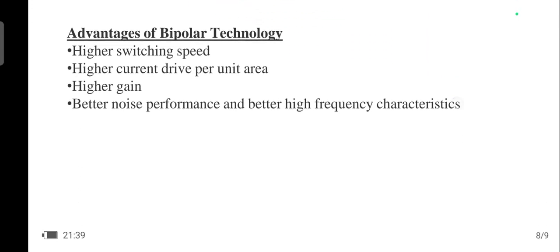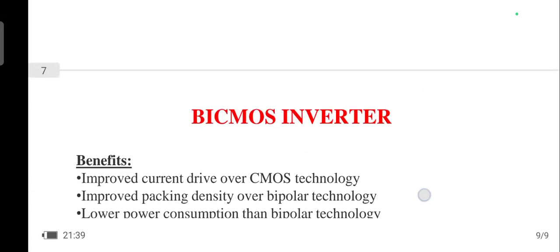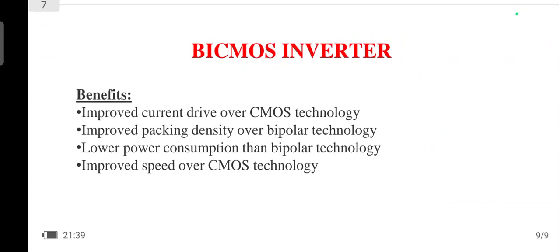Now coming to the combination of these two advantages, the BiCMOS inverter provides improved benefits over the other technologies. That means we can have improved current drive over CMOS technologies. CMOS devices lag in current handling capability, so with the combination of bipolar technology inside BiCMOS, we can improve their current handling capabilities.